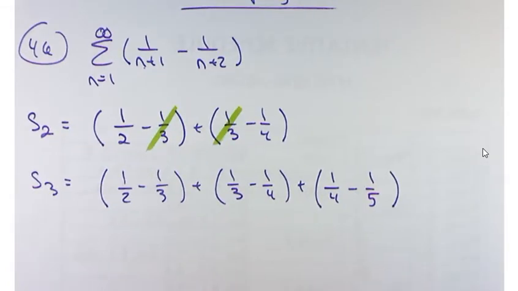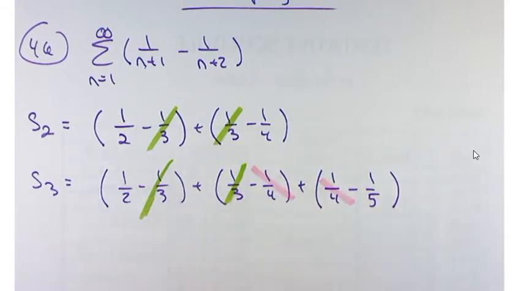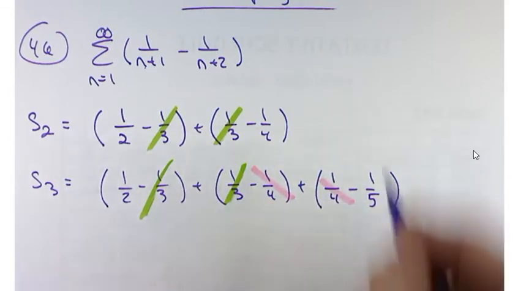And again, we get some nice cancellation here. Those two terms cancel, but we get some more bonus cancellation, right? What else cancels? The 1/4 cancels.